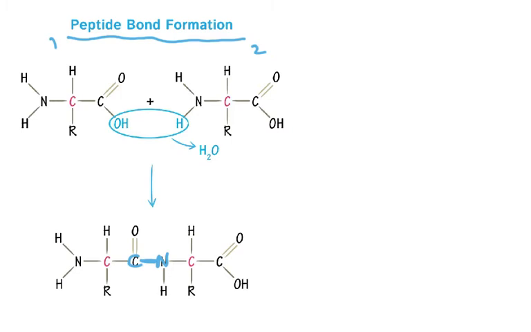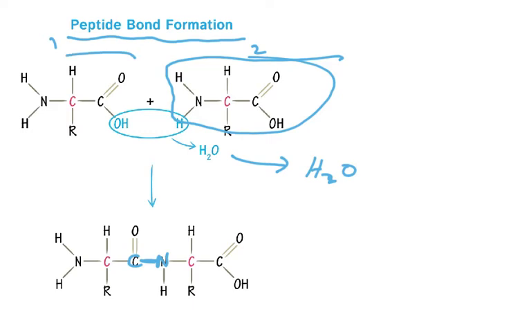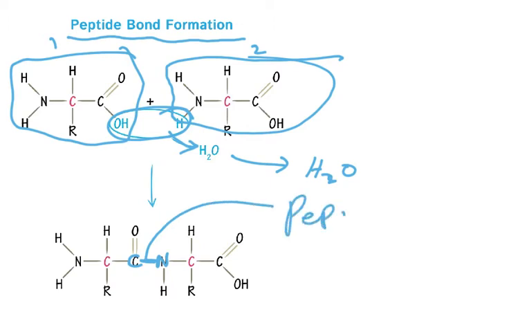So a dipeptide would have one peptide bond between them, and this water molecule exits. One amino acid forms with another amino acid, and we have this water molecule exiting and forming a dipeptide. Two amino acids joined together by a peptide bond. This is called a peptide bond.